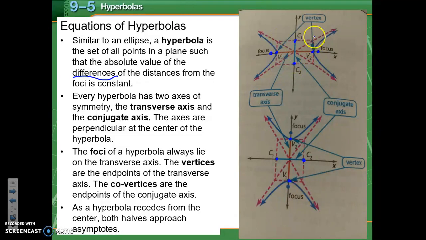They basically make up this rectangle that you see in the middle. That rectangle and these other dotted lines that are the asymptotes, they help us to graph our hyperbola correctly. So our A and B values and C will help us get this rectangle. I draw the asymptotes through the diagonals of that rectangle, and that allows me to graph my hyperbola.